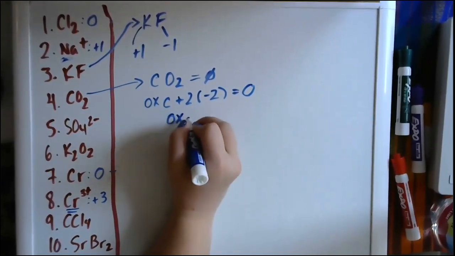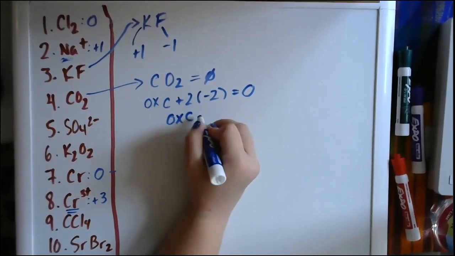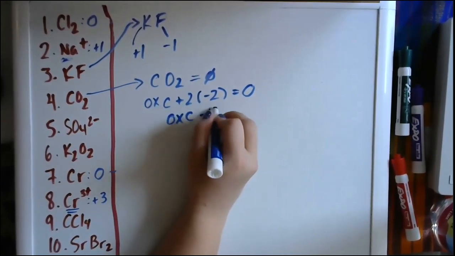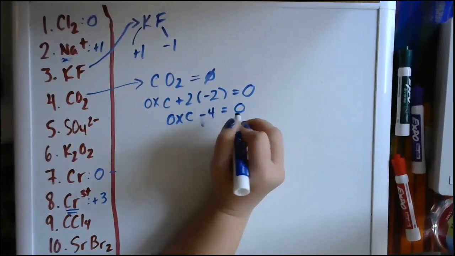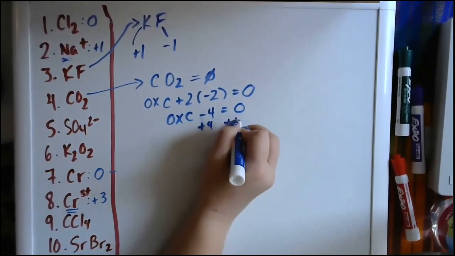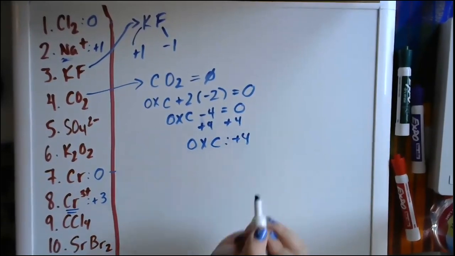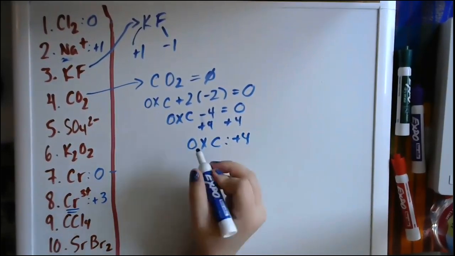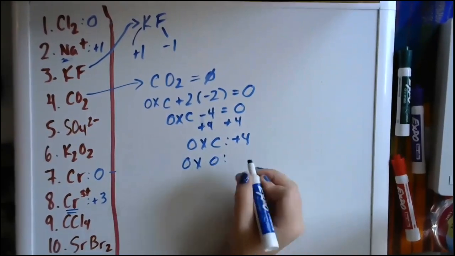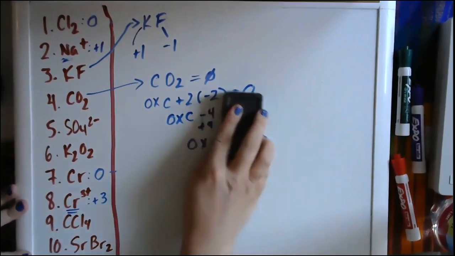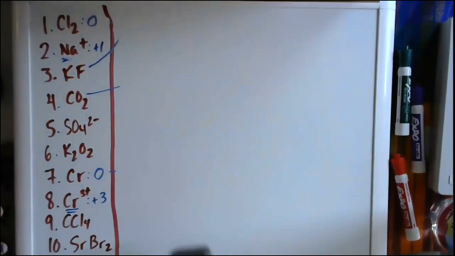So the oxidation state of carbon, 2 times -2 is -4, equals 0, +4. So the oxidation state of carbon is +4, and the oxidation state of oxygen is -2. All right. Let's look at the next one.